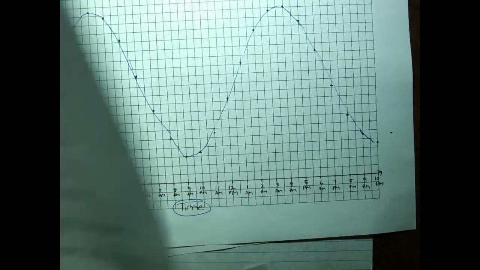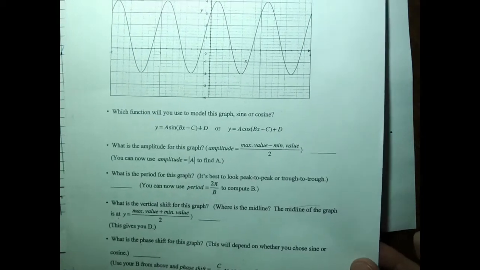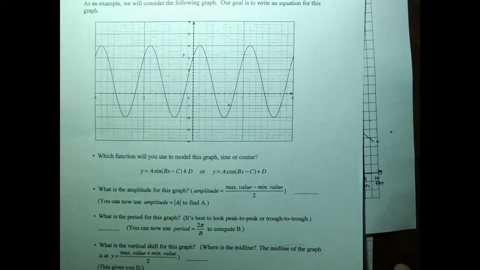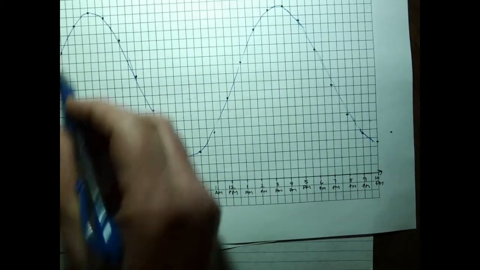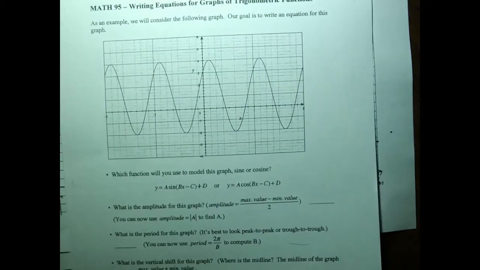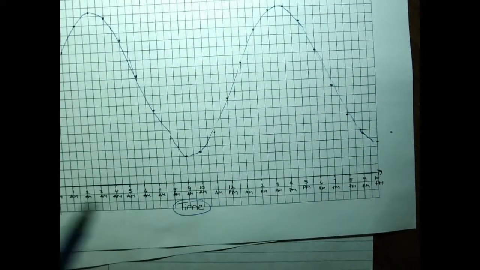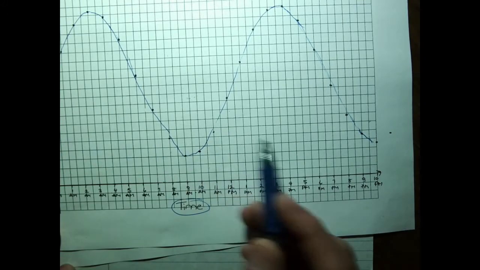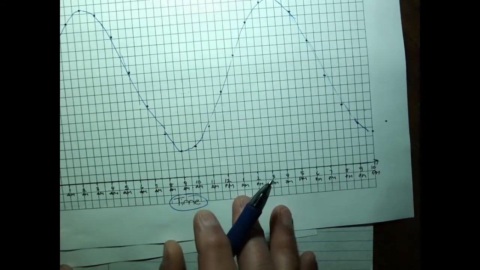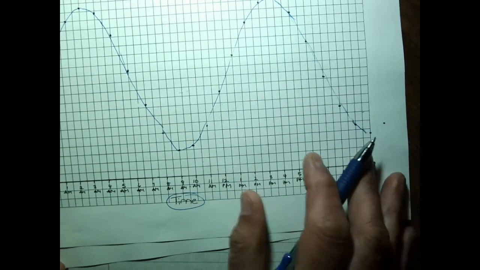We're going to apply that process that was developed or outlined on our handout, writing equations for graphs of trig functions. So the graph we're getting here for the Thames River depth is similar, the idea is similar to what we saw on this handout, because we don't know whether we have to use sine or cosine.